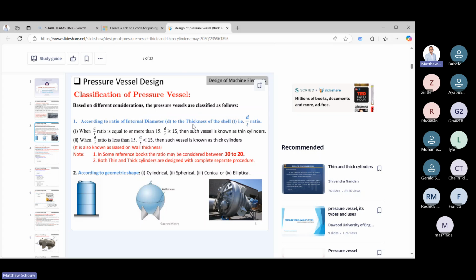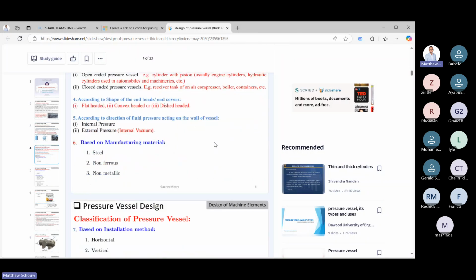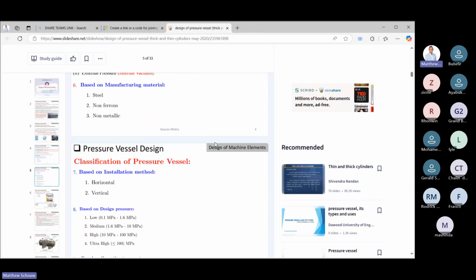In a thick cylinder, you'll see the thickness of the plate used is a lot thicker. So obviously you're exposed to thin hull cylinders, and they are both analyzed analytically with two different types of procedures. I don't want to go into materials, but you can have a look at this.